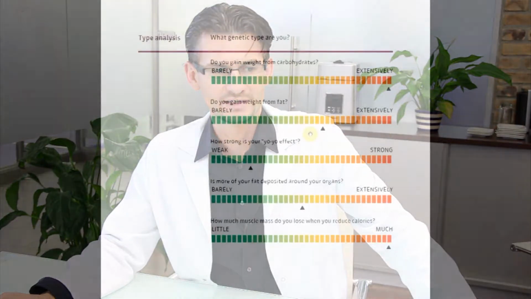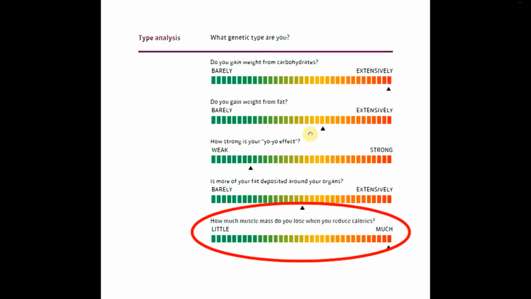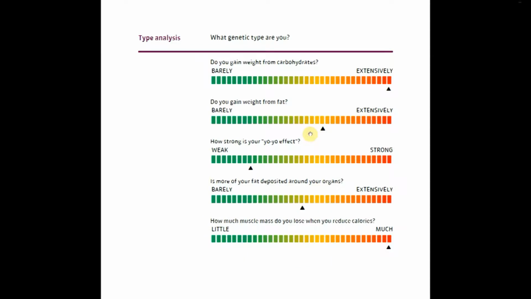All right, and then the question: how much muscle mass do you lose when you reduce calories? To explain this, I need to tell you a sad story. In the US, there was a prison where prisoners decided to go on hunger strike. Some of them were obese or overweight, others were normal weight.